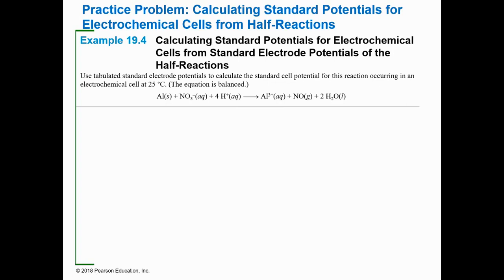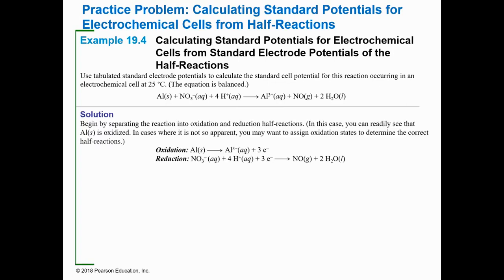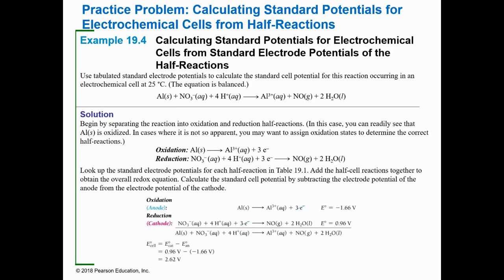All right, so here is a reaction, and we need to find its cell potential. Okay, so we pull out the half reactions, which we've been doing. Notice there's 3 electrons on each side. And then these values come from that cell potential table. But the one that's oxidized should have been flipped.